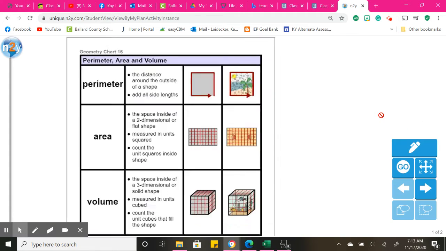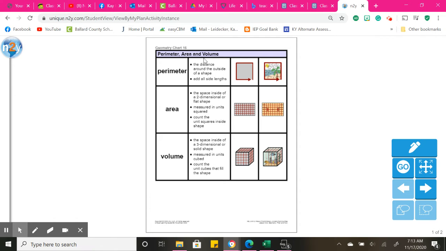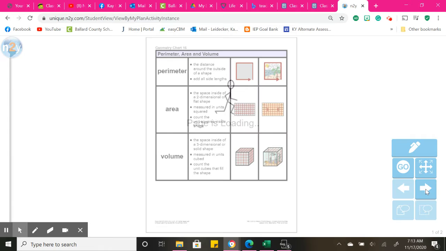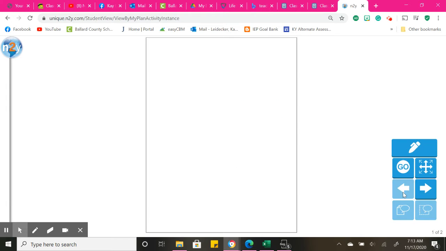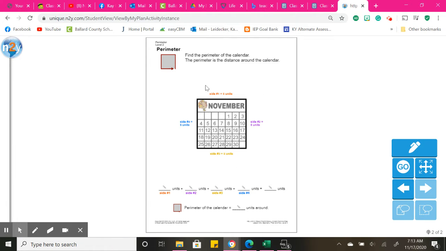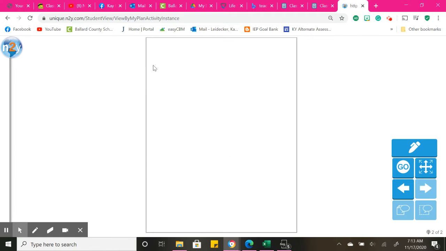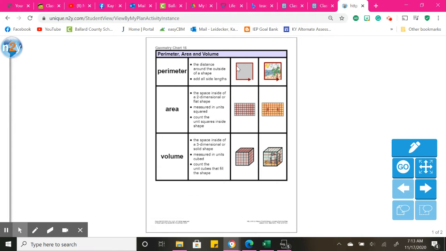Geometry for today. It's talking about perimeter, area, and volume, which we will go over. So perimeter is adding up all the way around something. I think of perimeter as a fence, so we add up all the sides. Area then is everything inside the fence.